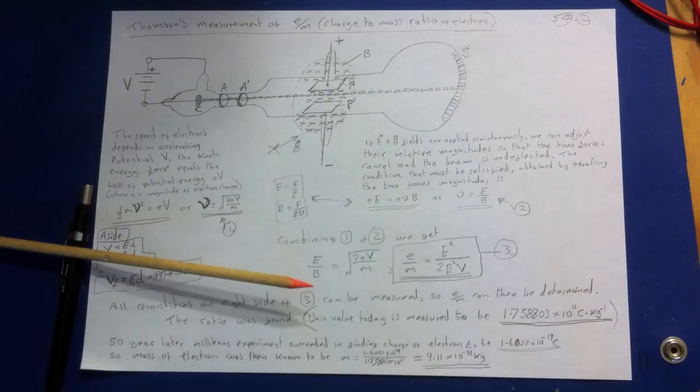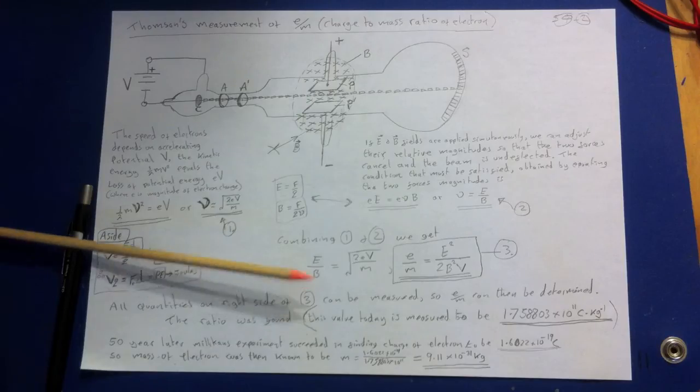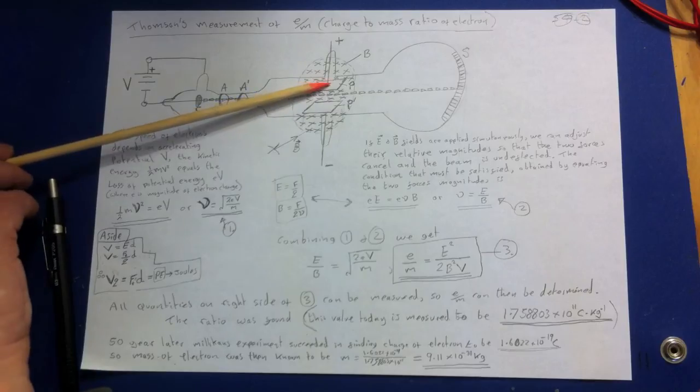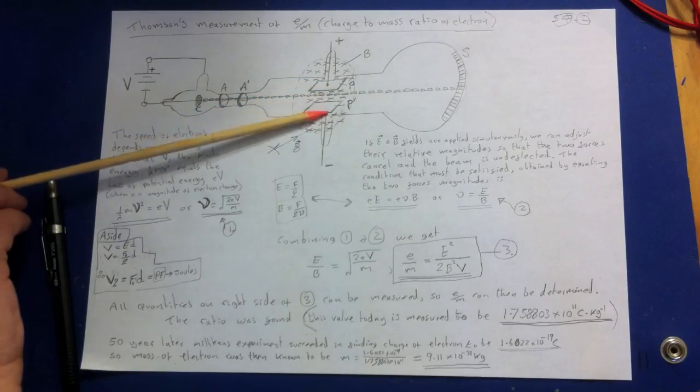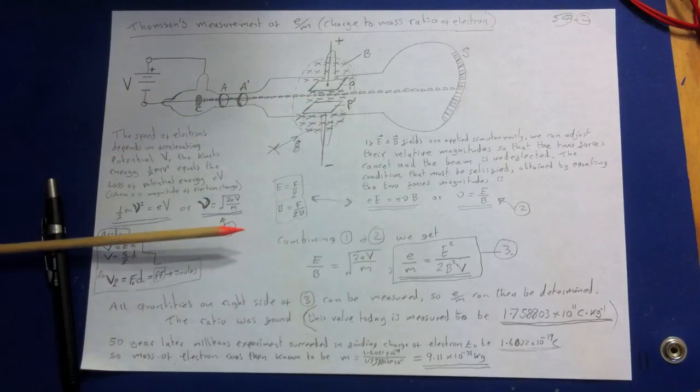If a potential difference is established between the two deflecting plates P and P as shown, the resulting downward electric field deflects the negatively charged electrons upwards. So you've got an electron coming through, you've got a plus plate here, so the electrons are being attracted up by the electrostatic field.